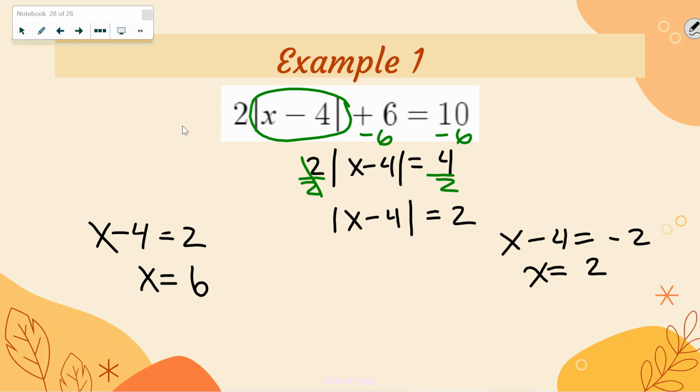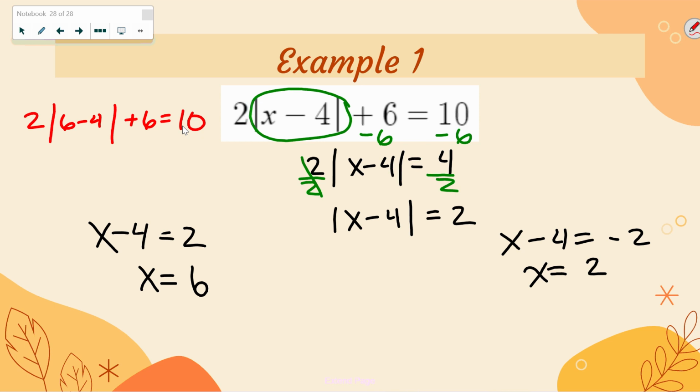And are we done with our problem? No, what do we always need to do? Check. So let's check each of them. And when you're checking, like Jaden said, you're plugging it back in for x. So I'll have 2 times the absolute value of 6 minus 4, plus 6. What do I need that to equal? 10. So let's check to see if our left side equals 10.